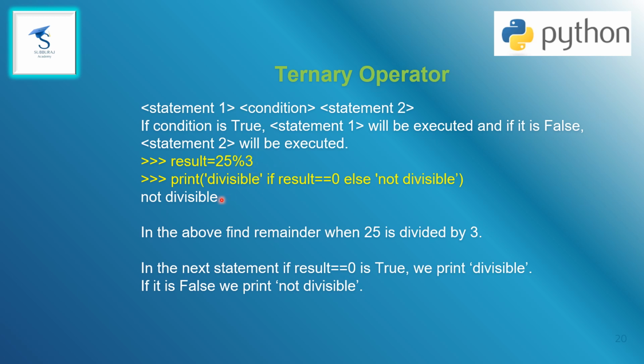So you have to expect not divisible as the result. So we found the remainder and accordingly we execute. That's all the selection construct. It selected either of the results based on one condition. The condition is the modulus of 25 and 3.